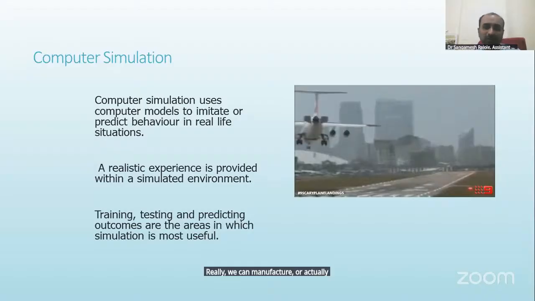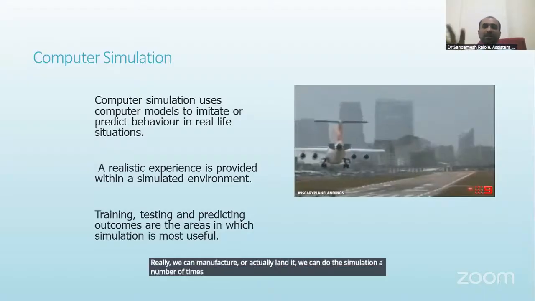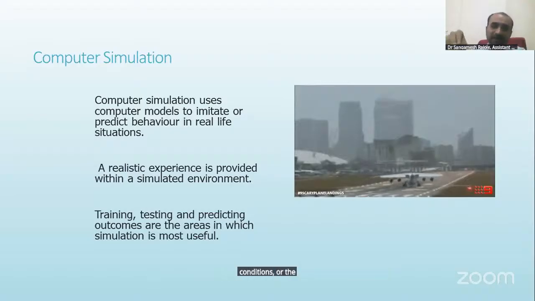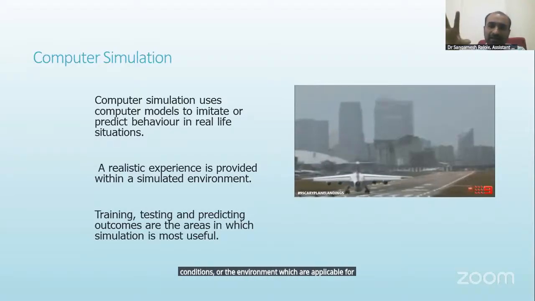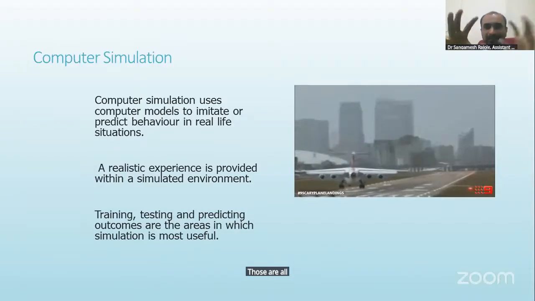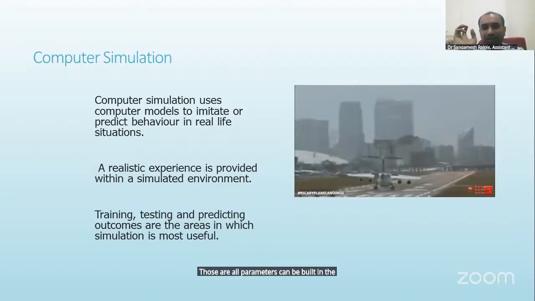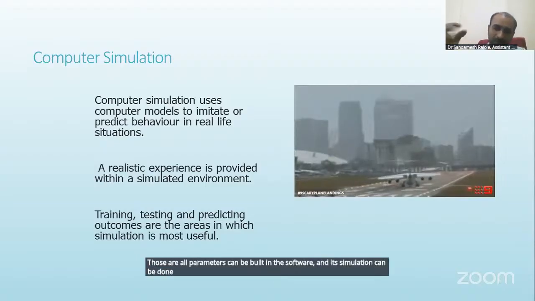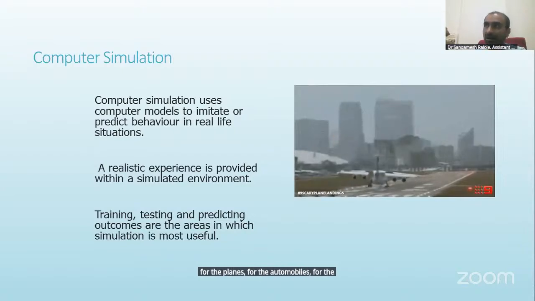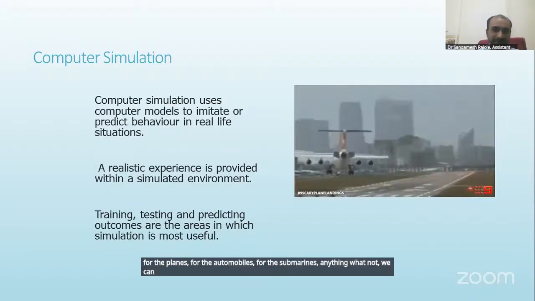We can do the simulation a number of times by giving the proper conditions or environment applicable for that, like time, temperature, humidity. Those are all parameters that can be built into the software, and simulation can be done for planes, for automobiles, for submarines, anything, whatnot.